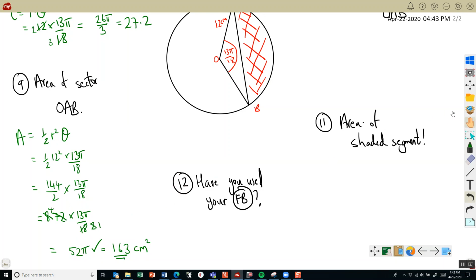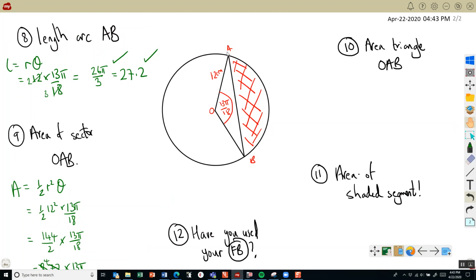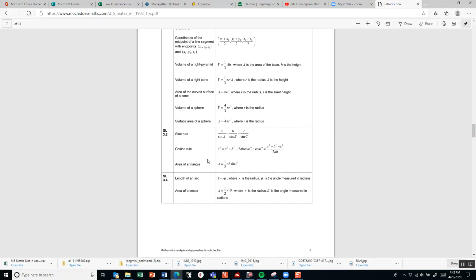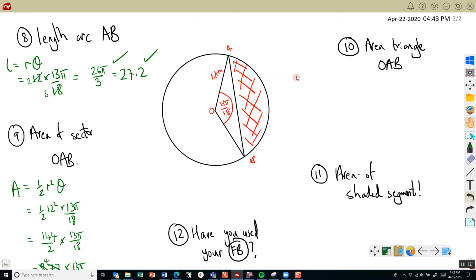All right, next, the area of triangle OAB. It's not a right angle triangle. I said the formula will be in the formula booklet. Area of a triangle, A equals half ab sine C. Let's write that down. Area equals half ab sine C. Sorry, I should really use little letters because that's what's used in the formula.